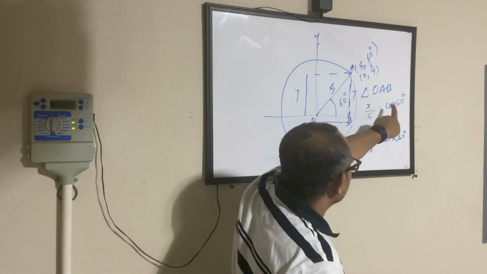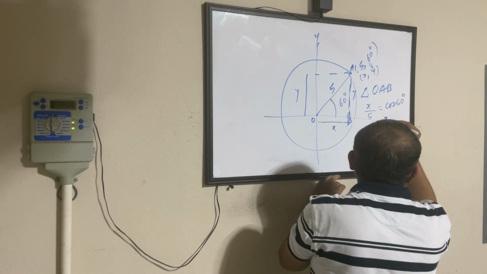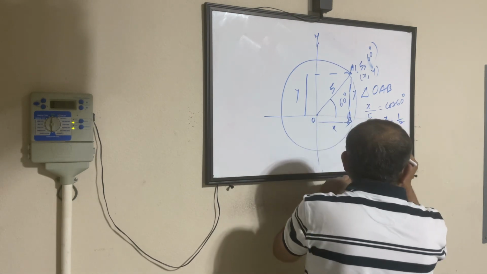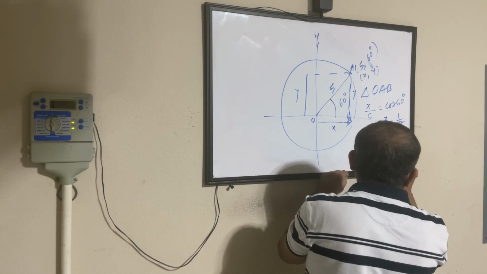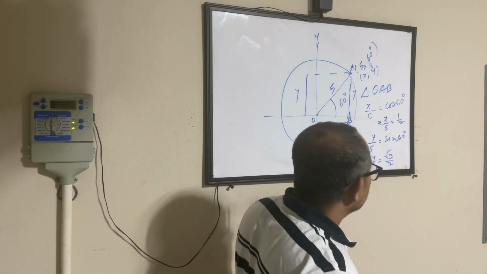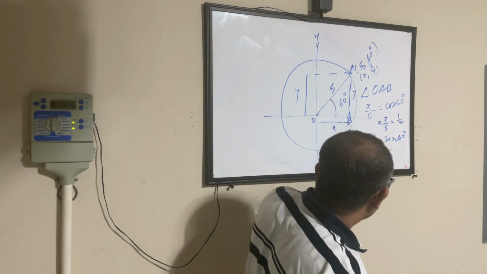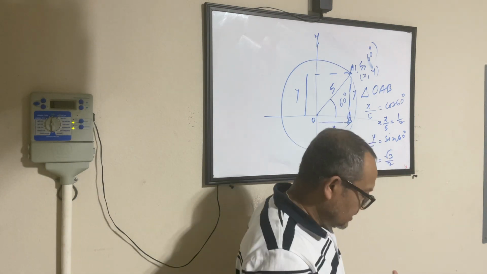If you remember the value of cos 60 degrees is 1 by 2 and sine 60 is root 3 by 2. So from this you can find out x will be 5 by 2 and y will be 5 root 3 by 2. That is the value that you can derive.